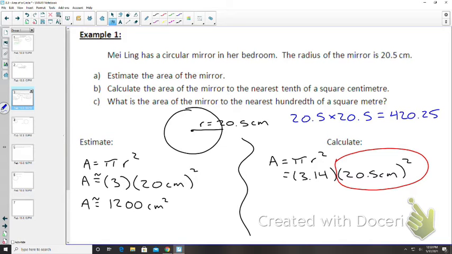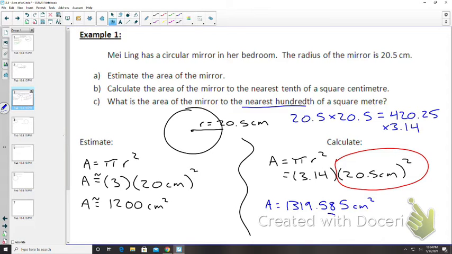Then we're going to multiply that by 3.14, and hopefully you get the same value as I did. We get 1,319.585 centimeters squared.